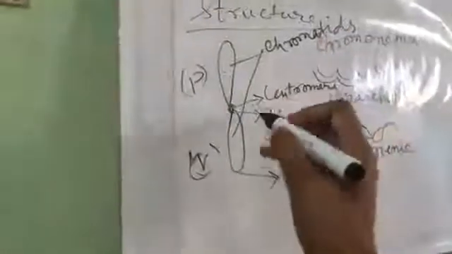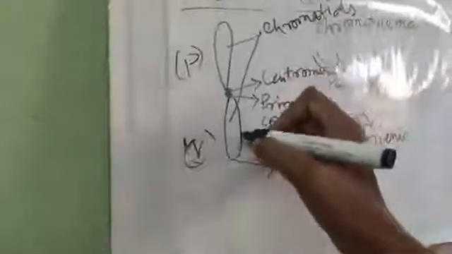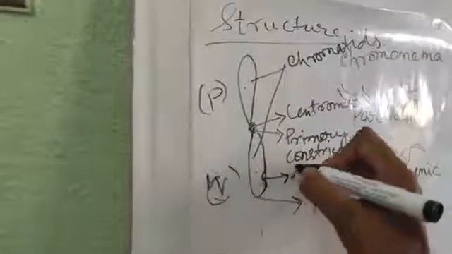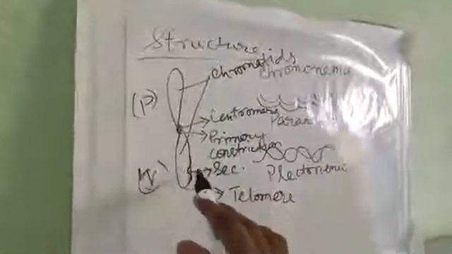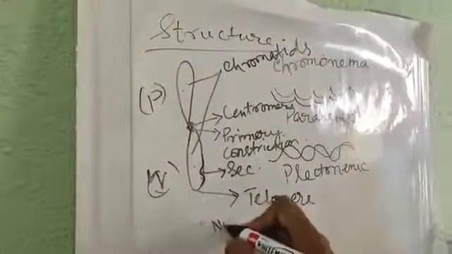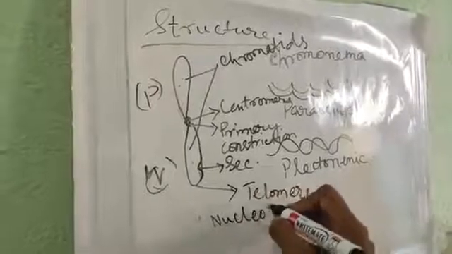Apart from primary constriction, the chromosome usually possesses another constriction, called secondary constriction. This constriction is associated with the nucleolus, and thus the secondary constriction is called nucleolus organizer region.